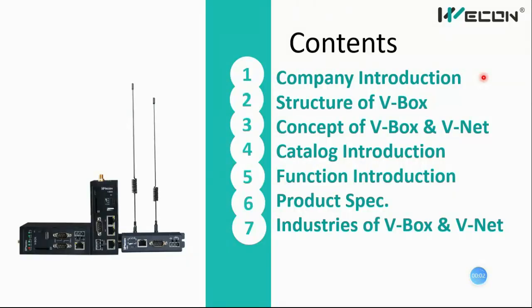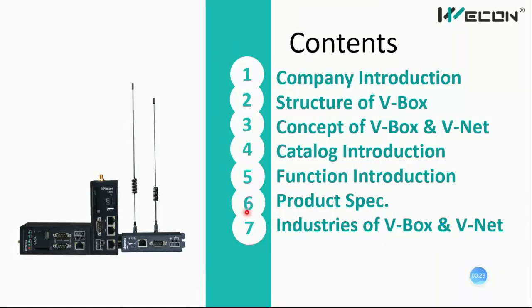Now let's get back here. In today's video of introducing VBox, it mainly contains 7 parts. First, my company introduction. Second, structure of VBox. Third, concept of VBox and VNet. Fourth, catalog introduction. Number 5, functions introduction.